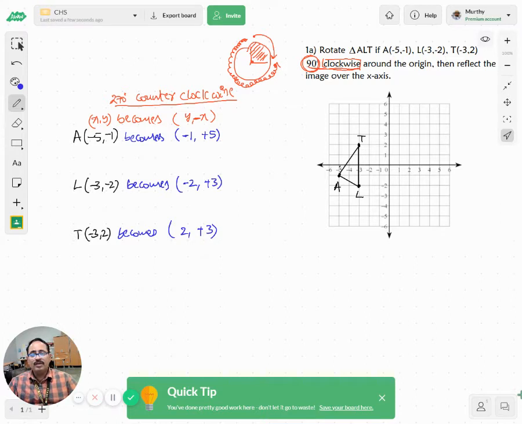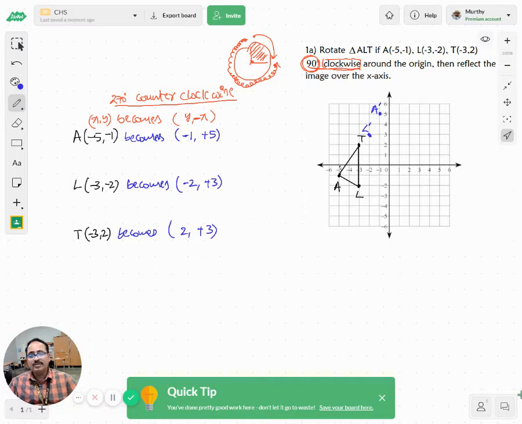So let me take the first one. First one is (-1, 5). That goes here. This is my A prime. Second point is (-2, 3). So that goes here. This is my L prime.